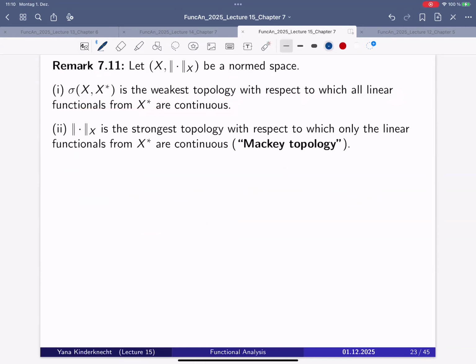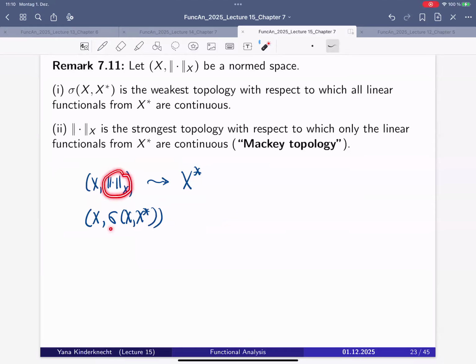I recall to you that we have this norm space X with this topology, then we consider its topological dual, and we have proved that if we weaken the topology, so if we consider in X not the strong topology but the weak topology, then its topological dual is the same.